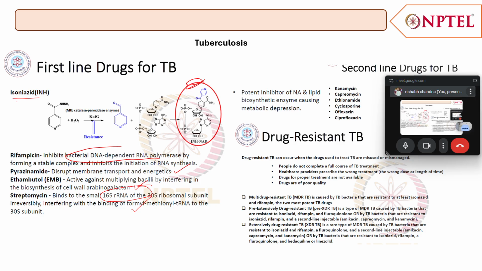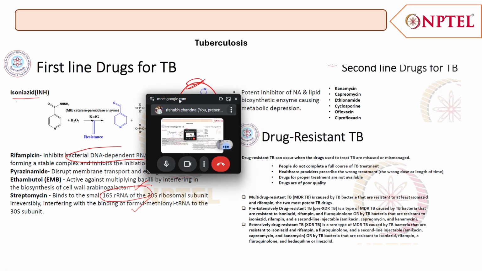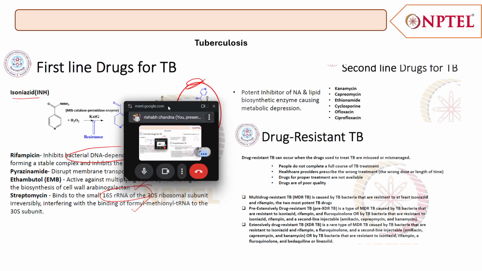So these are the first line of drugs that are given to a TB patient, followed by the second line of drugs, which include the potent inhibitors of lipid biosynthesis, that is kanamycin, capreomycin, ethionamide, cycloserine, ofloxacin, and ciprofloxacin.